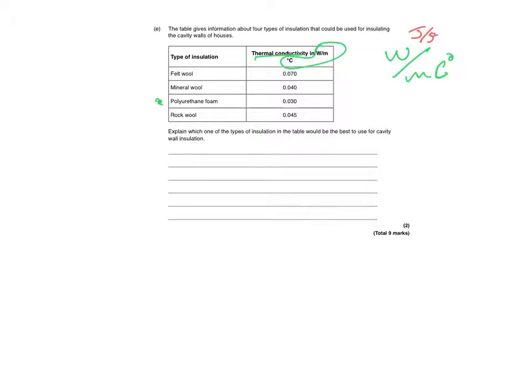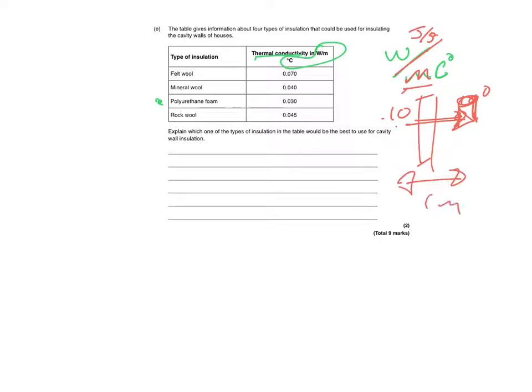It's saying how many joules per second per metre of material you have to get through, so literally the thickness of the block, for a 1 degree difference. It'll be 9 there, and heat would travel that way, because remember, heat travels from hot to cold. So for a 1 degree temperature difference from 10 to 9 degrees, the thermal conductivity would tell you how many joules per second there is for each metre of material you have.